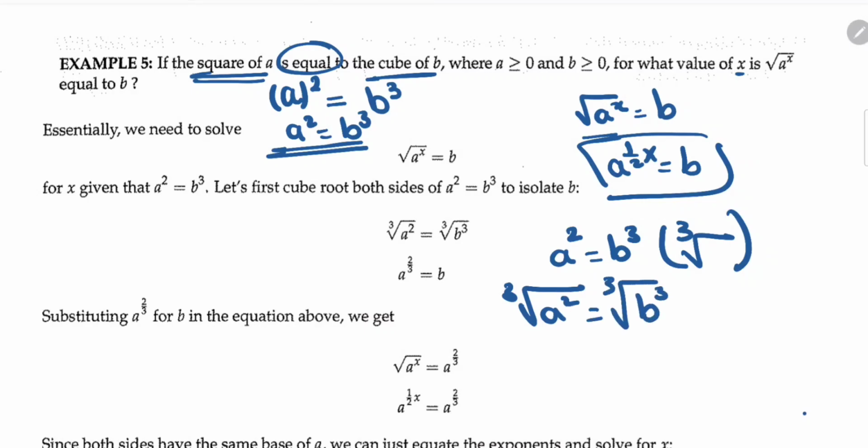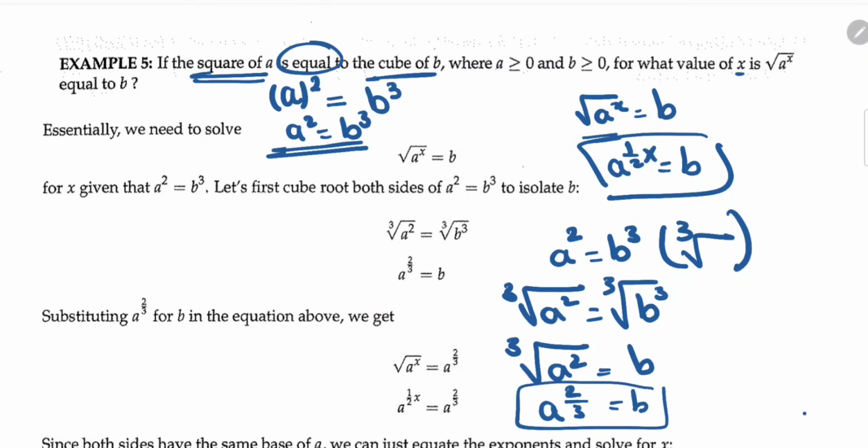And it's inverse. The cubic root and the cube remove each other and it will be b. So it's cubic root a to the power 2 equals b. And how do I write this one? It's a to the power 2 over 3, because cubic root means 1 over 3 multiplied by 2, so it will be 2 over 3 equals b.